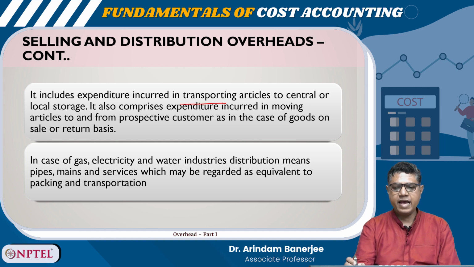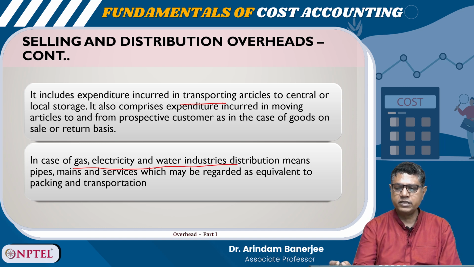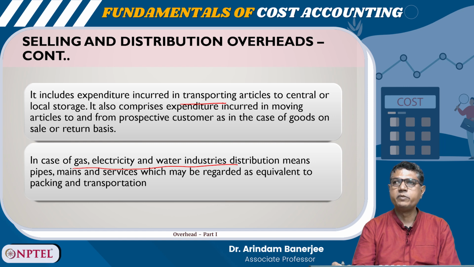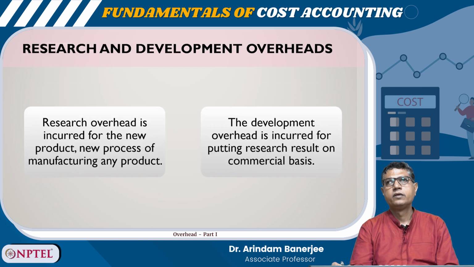In case of gas, electricity and water industries, distribution means pipes, mains and services which may be regarded as equivalent to packing and transportation. And research and development overheads, this is the next one.